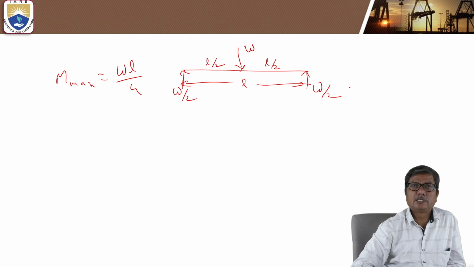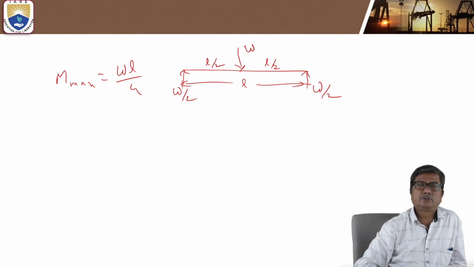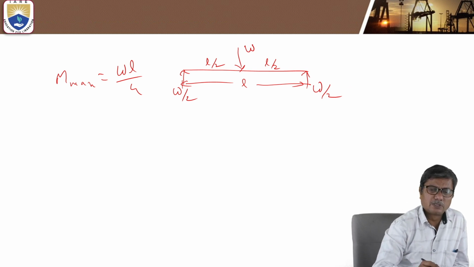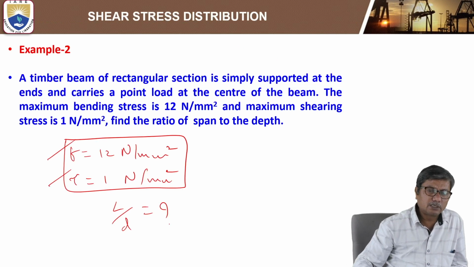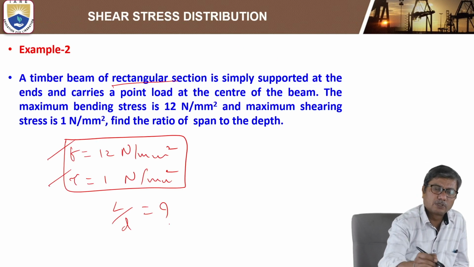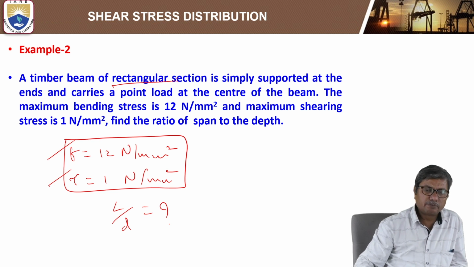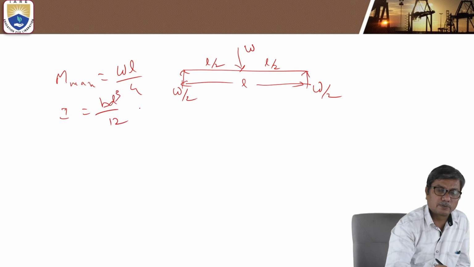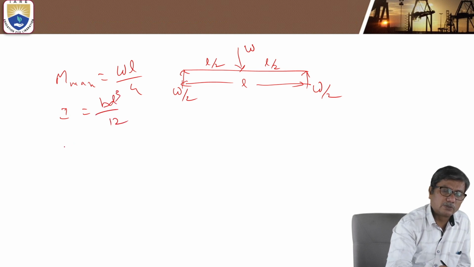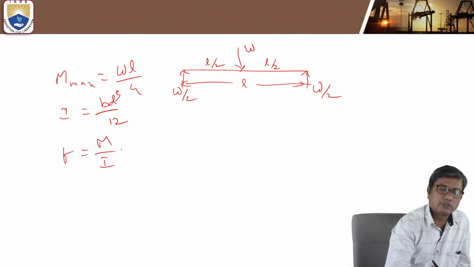And it is a rectangular section, so moment of inertia is BD cube by 12. And now the bending stress is given as M by I into y maximum.